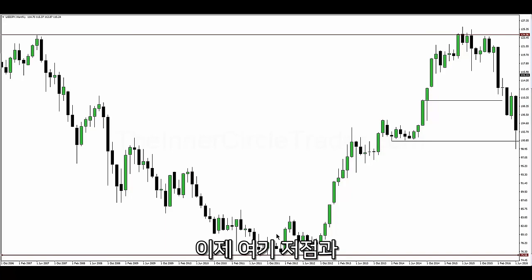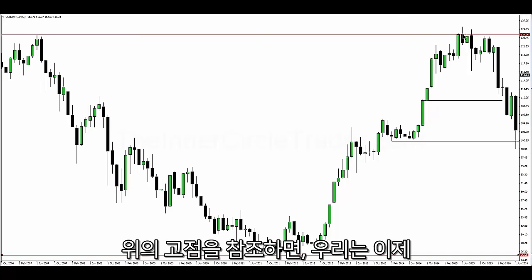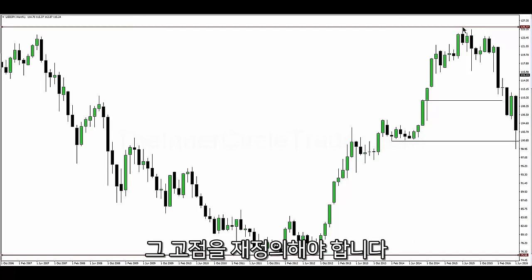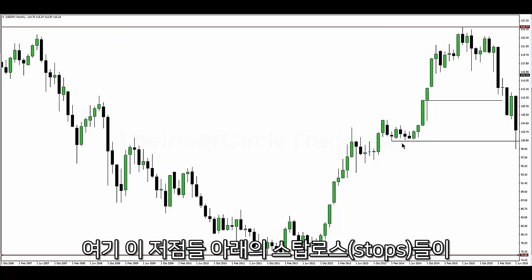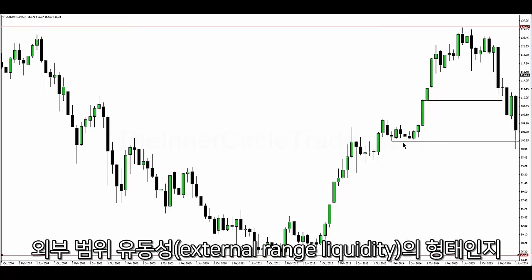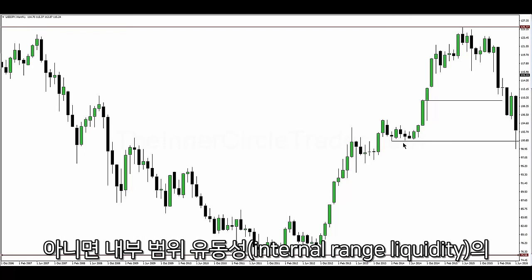Now, in reference to the low here and the high up here, which we now have to redefine as that high, would the stops below these lows be represented in the form of external range liquidity or internal range liquidity?